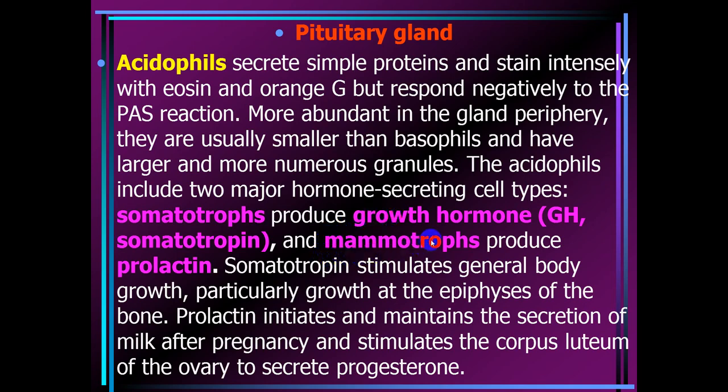Growth hormone, or somatotropin, stimulates general body growth. It has influence on the metaphyseal plate in the bones. It is a layer of hyaline cartilage between the epiphysis and diaphysis.